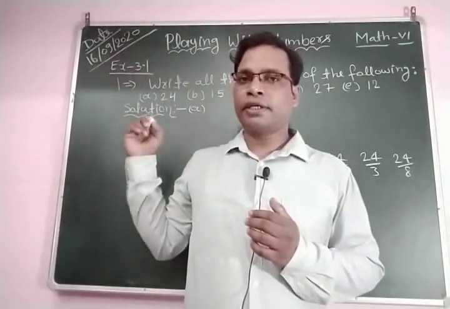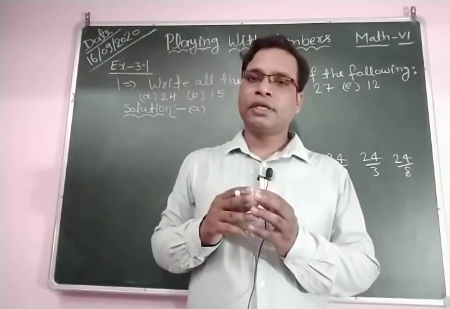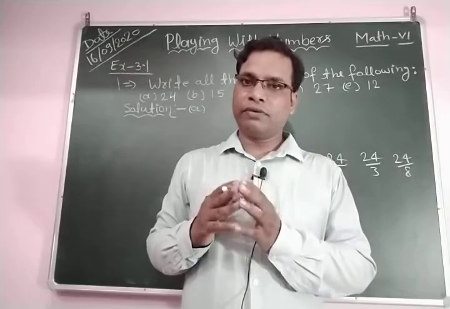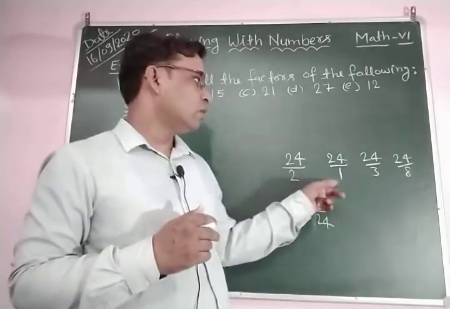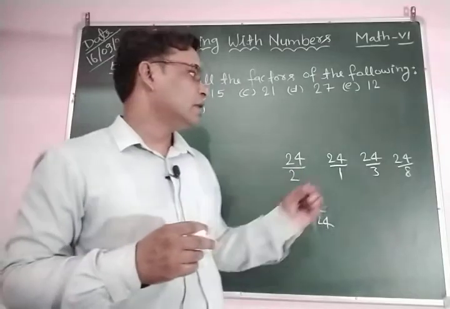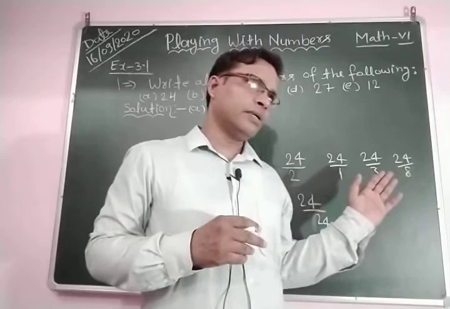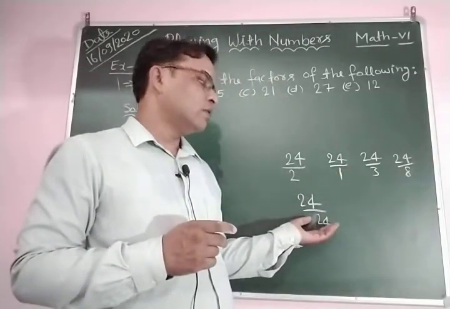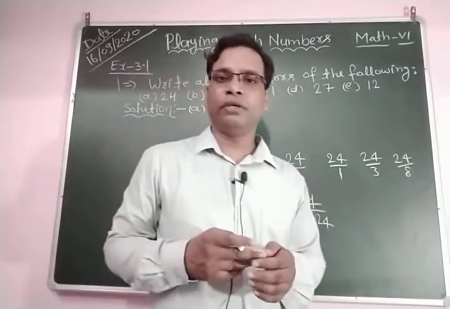First, write the factors of 24. So we first check which numbers divide 24. Here you can see 2 divides 24, 12 times, 1 divides 24, 3 divides 24, 6 divides 24, 5 does not divide 24. 12 divides 24, and 24 itself divides 24.